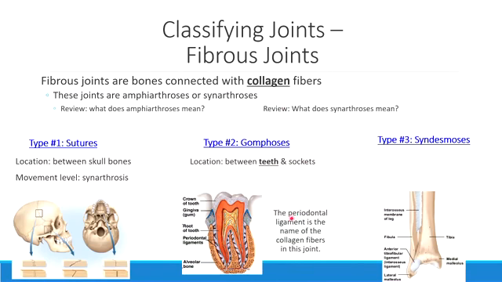It's a thing called the periodontal ligament. And hey, let's underline, highlight, star ligament, because ligaments are always made out of collagen. So if you remember that we attach our teeth to the jaw bones using ligaments, you'll know that this is a fibrous joint.